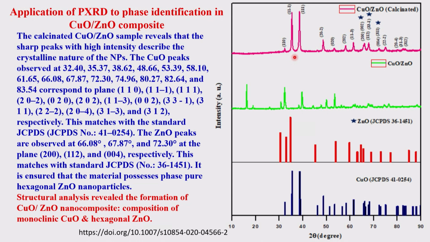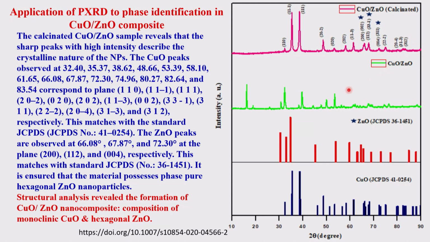Now if you look at the individual assignments, and you know the assignments for the copper oxide, for example, here these are the planes for the copper oxide, and these are for the zinc oxide. If you try to identify the corresponding ones, you can see the ones coming from the copper oxide and the ones coming from the zinc oxide.